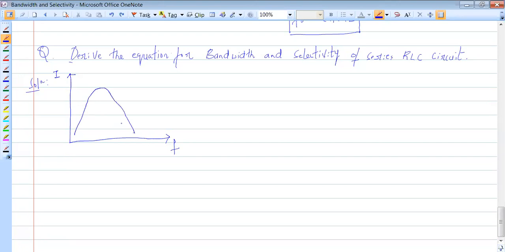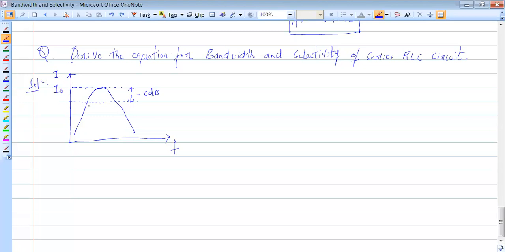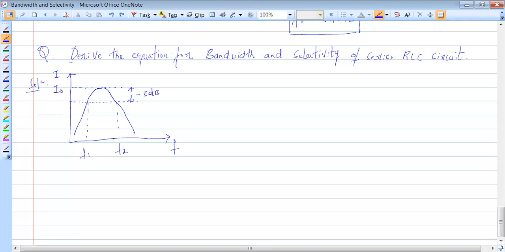As we have seen in the last class, it goes to its maximum and comes back. So if this is I, this is called the maximum current, which you can call as IM or I naught. And when you come down by 3 dB, we find 2 points here. One is F1 and another one is F2.